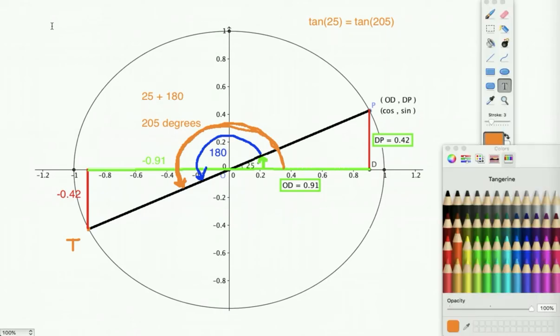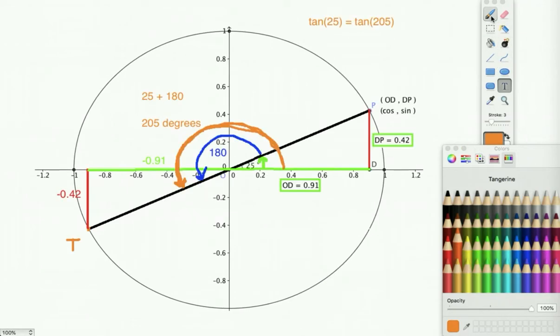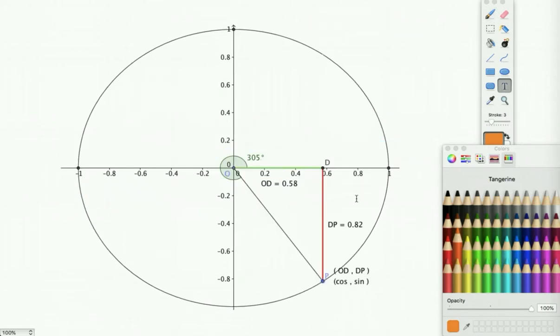Let's do another example. So let's say we have point P. Let me use the same colors here. Okay. So we have point P over here, and the angle starting here all the way to that line is 305 degrees.